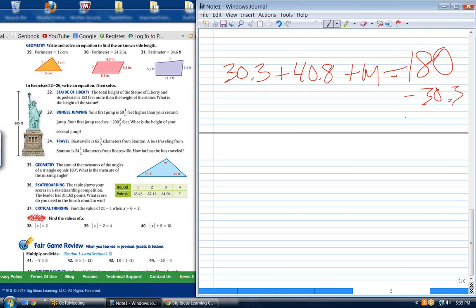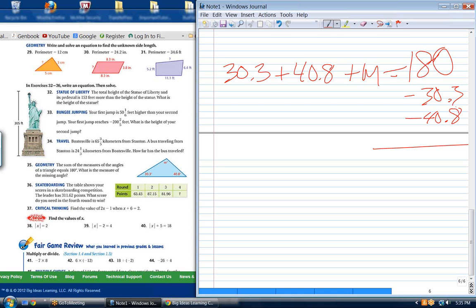Yep. And it amounts to... Let me give you a good way to do this in your head. 30 and 40 is 70. 0.3 and 0.8 is 1.1.